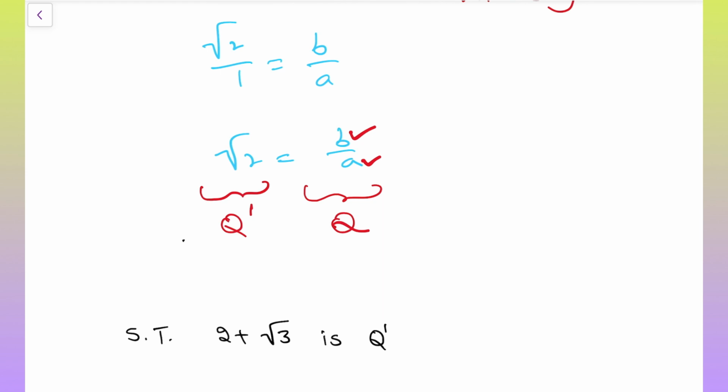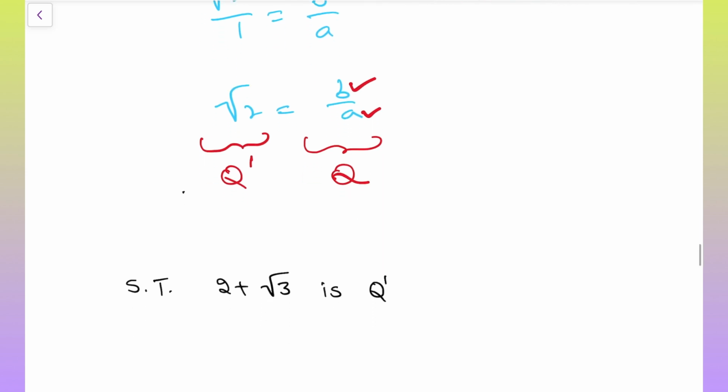So that is the reason. On the right side we need to write: a, b are integers, RHS is a rational number, whereas LHS is an irrational number. We got this contradiction due to our wrong assumption. So 1 by root 2 is an irrational number.